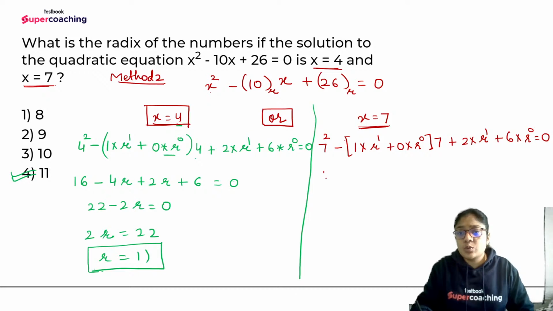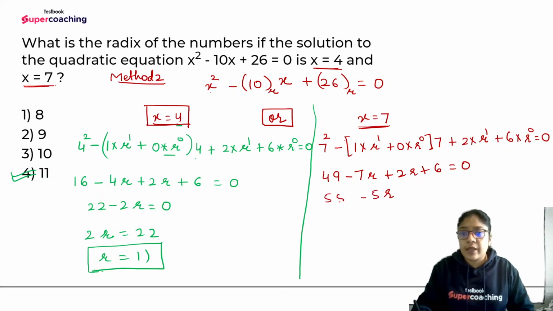So this comes out to be 49 minus 7r plus 2r plus 6 is equal to 0. So this comes out to be minus 5r plus 55 is equal to 0. So 5r is equal to 55. Hence r comes out to be 11.